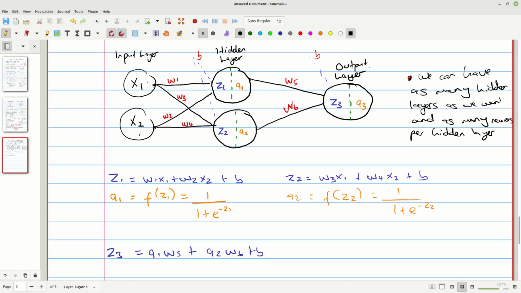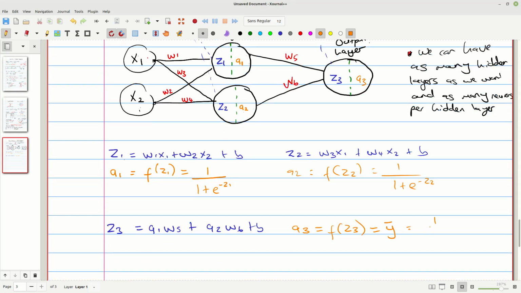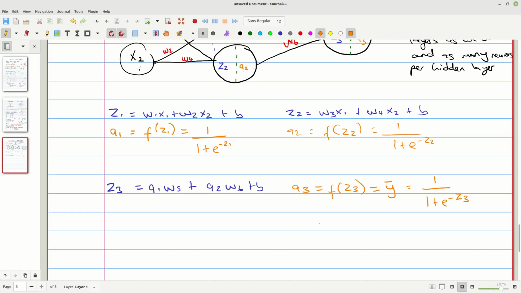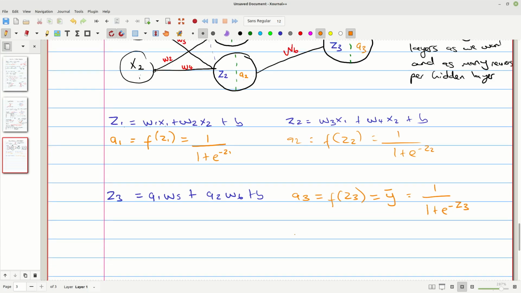After that, we get our A3, which in this case is equal to f of Z3, and it's equal to y bar, which is 1 over 1 plus e to the minus Z3.